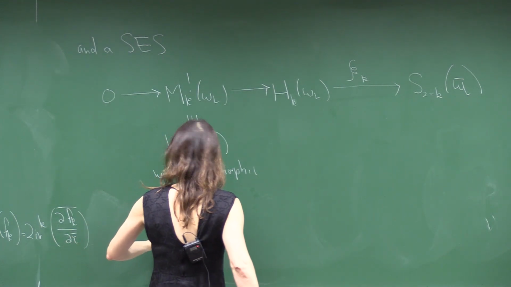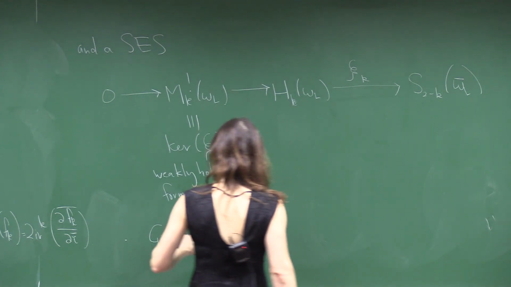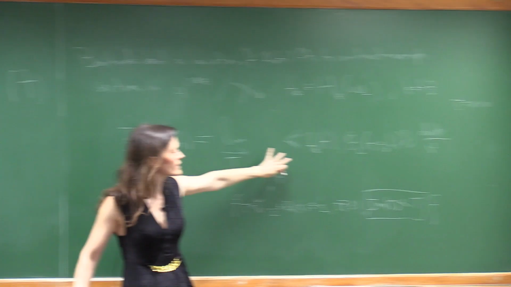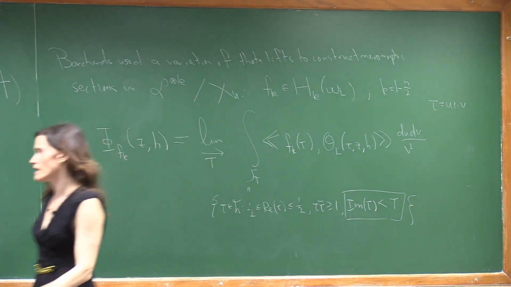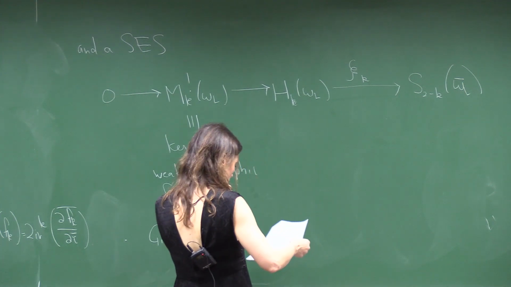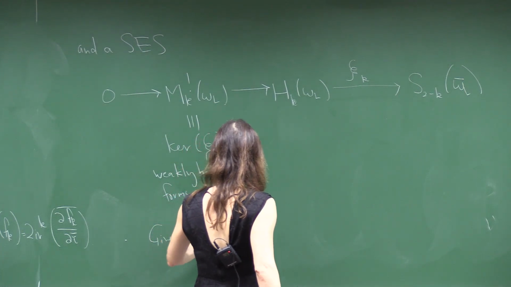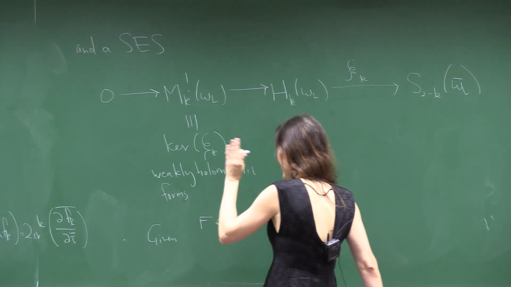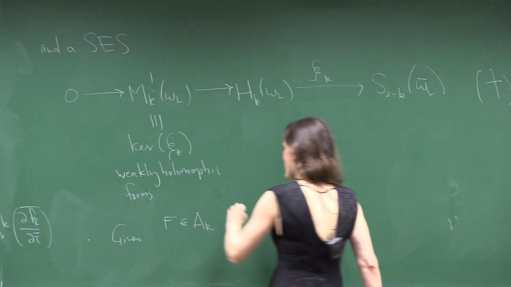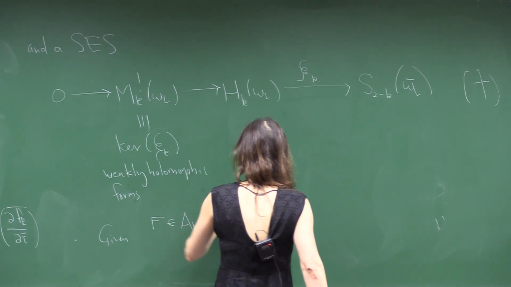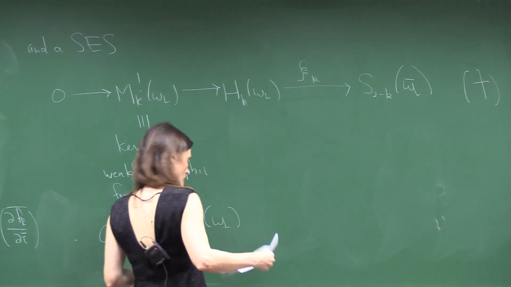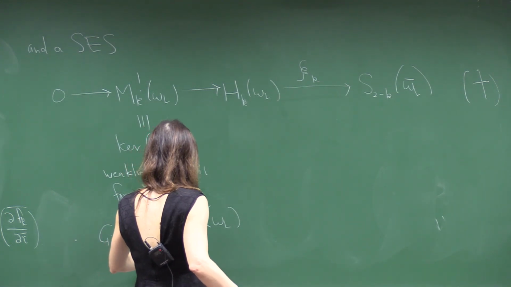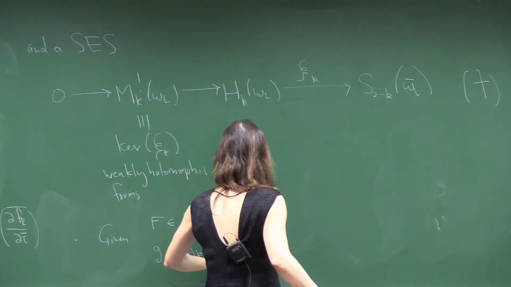One more piece of notation I need in order to state this: if we're given two vector-valued forms, I want to say what this double bracket is. Let's use the notation A_k for the space of vector-valued forms. It doesn't matter if they're cuspidal or holomorphic, just vector-valued forms of weight k and representation Omega_L, and you're given some other form G, also in this space but with the contragradient representation.